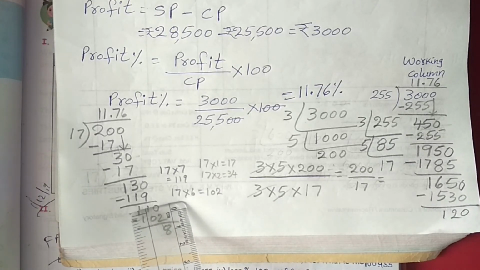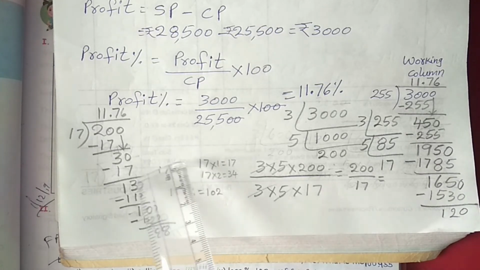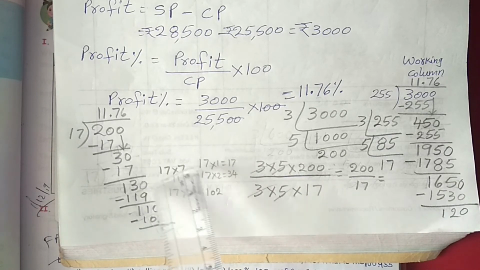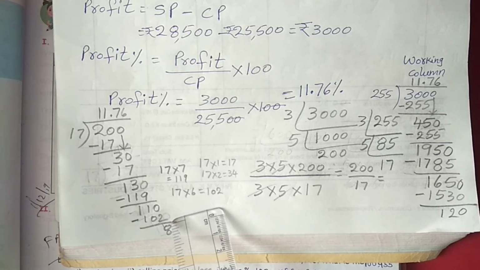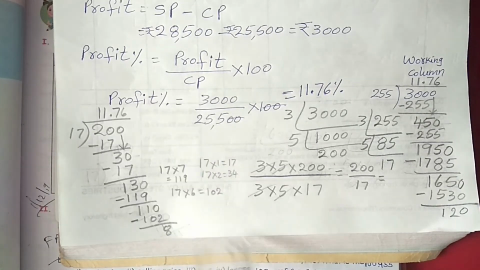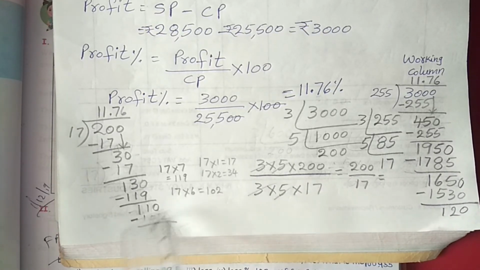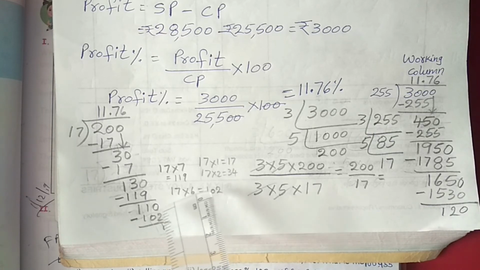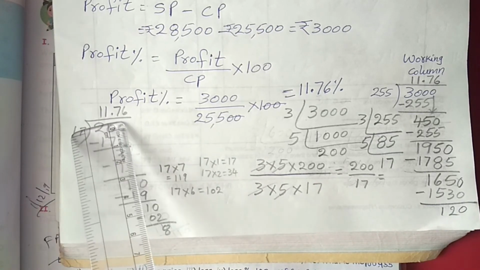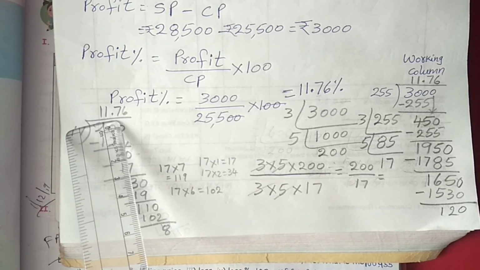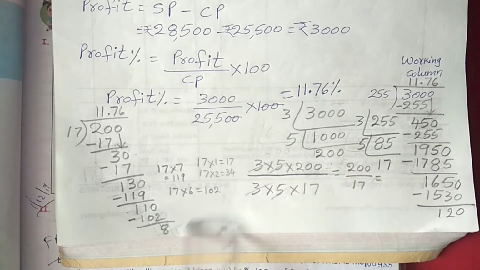Multiplication table. Okay, 17 sevens are 119. So now subtract from 130. Then we got the answer as 11. Add a 0, 110. Again 17 sixes are 102. Again subtract, 110 minus 102. So here we got 8. The percentage we got at the last is 11.76, the profit percentage.